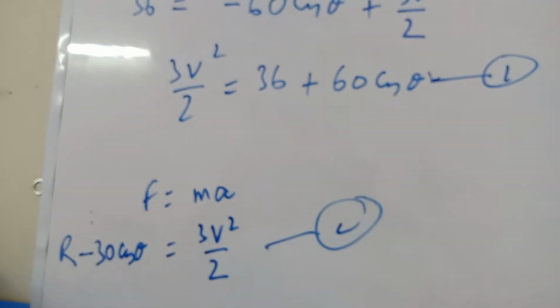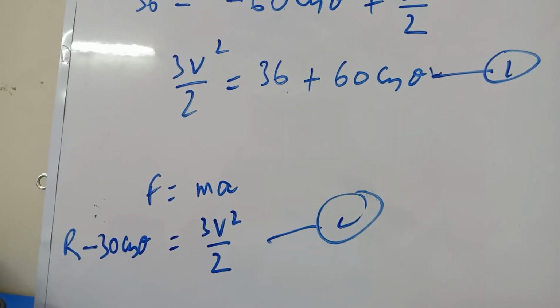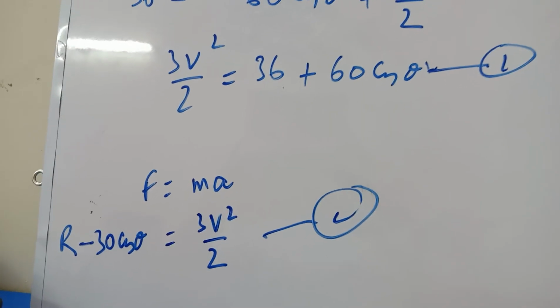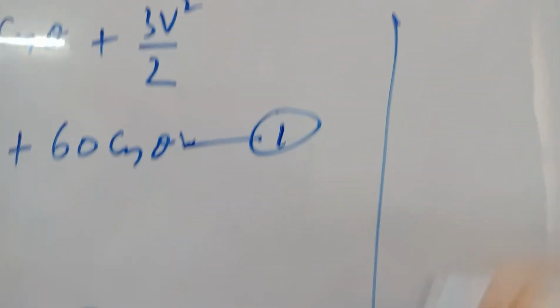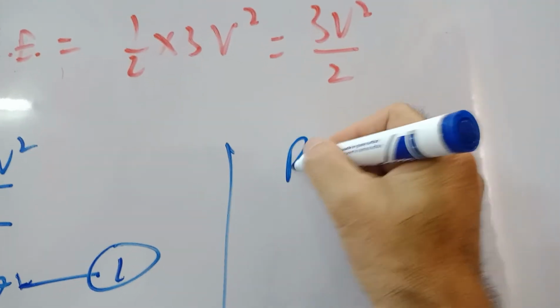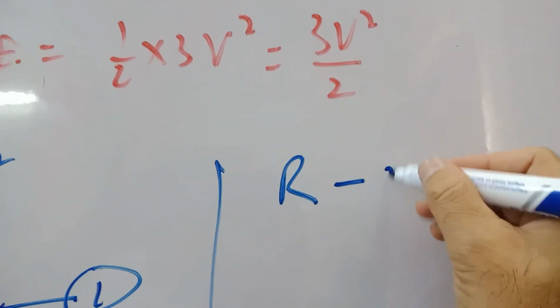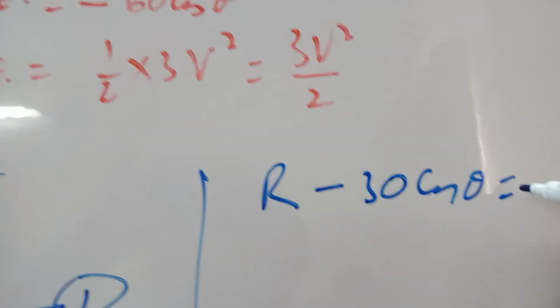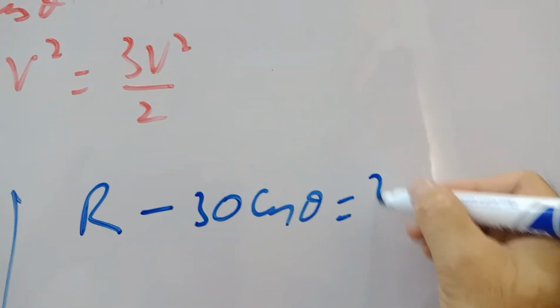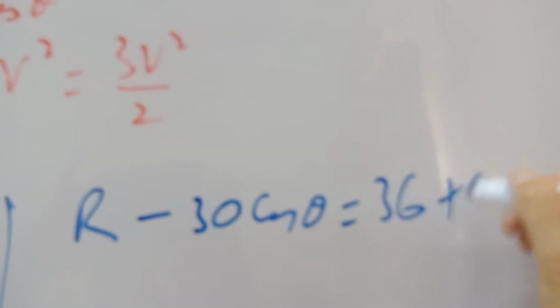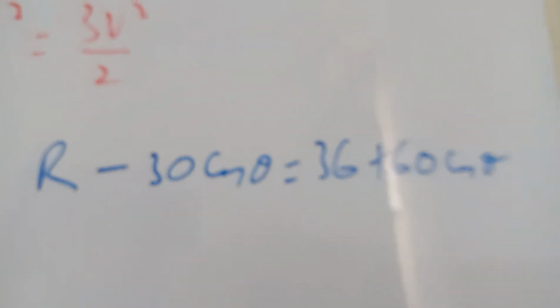So from the relations 1 and 2 we can have a relation between this r and theta, okay? So r minus 30 cos theta will be equal to 36 plus 60 cos theta. You see that?